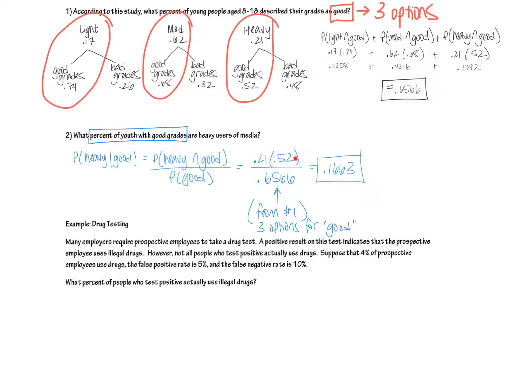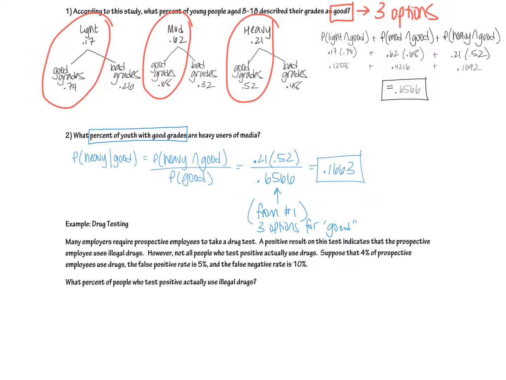That's my numerator. And then the probability of having good grades, those were the three options that we laid out up here. So all of this technically gives us this as my denominator. So that's why I wrote from number one. Remember, there are three different options for having good grades. And that gives us a total of 16.63% of youth with good grades are actually heavy users of media.